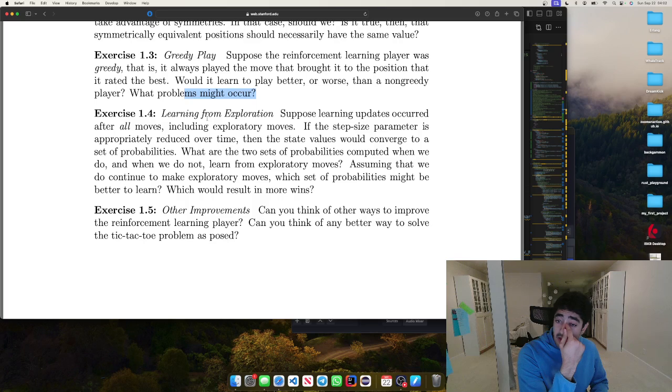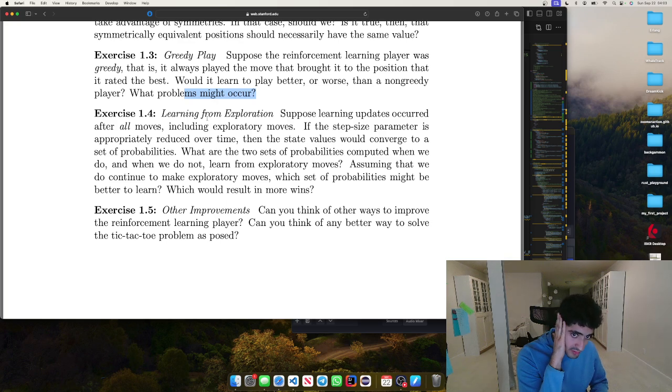If the step size parameter is appropriately reduced over time, the state values will converge to a set of probabilities.